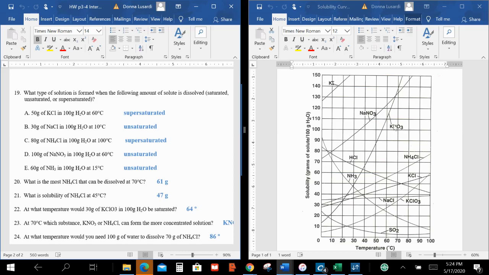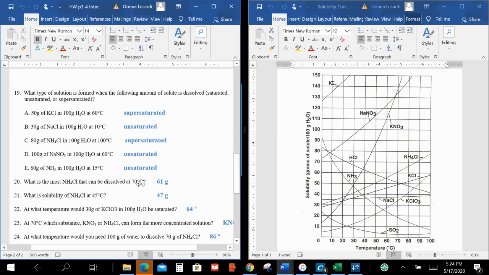We did sodium nitrate, my bad. Ammonia at 15 degrees, I should be able to dissolve about 65, but I have only dissolved about 60, so that one would be unsaturated.